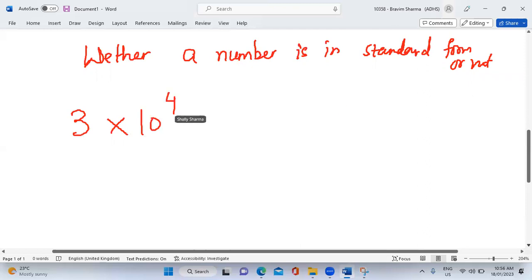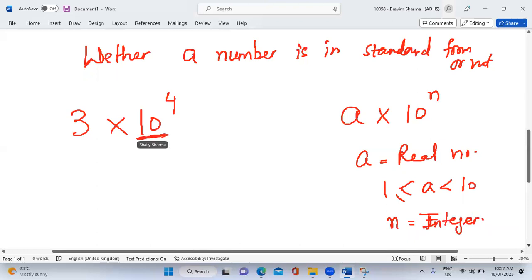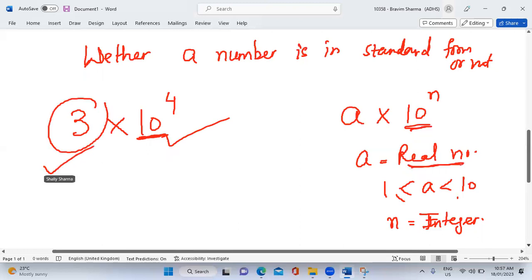I write it as a times 10 to the power of n, where a is a real number between 1 and 10, and n is an integer. So first check, this is 10. Yes, this is fine. Now a is a real number between 1 and 10. Yes, that is fine. The exponent value 4 is an integer. Yes. So this is a number represented in standard form.